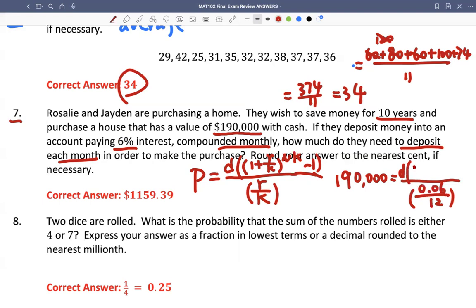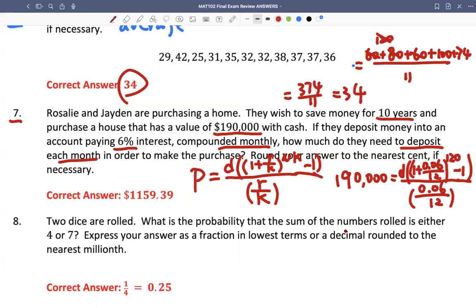The numerator will have 1 plus 0.06 divided by 12, then raised by N, which is 10 years. 10 times 12 is 120. Then minus 1. We have two parentheses here. So this is a savings formula: make a monthly deposit in order to have this much money in the end.